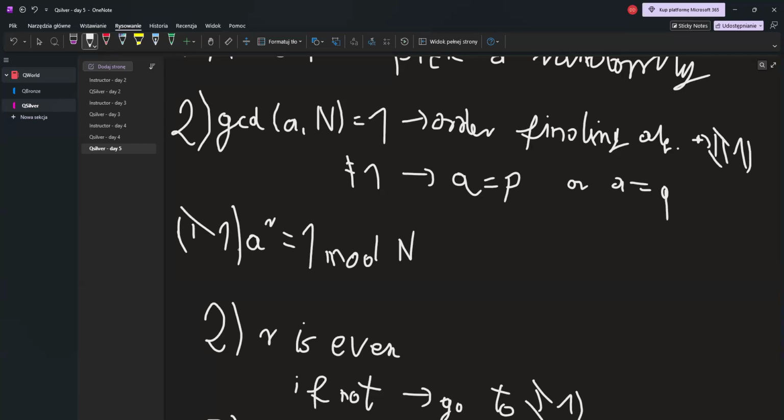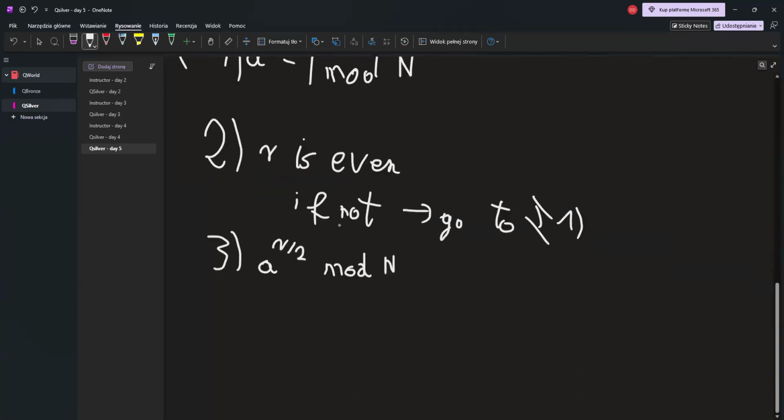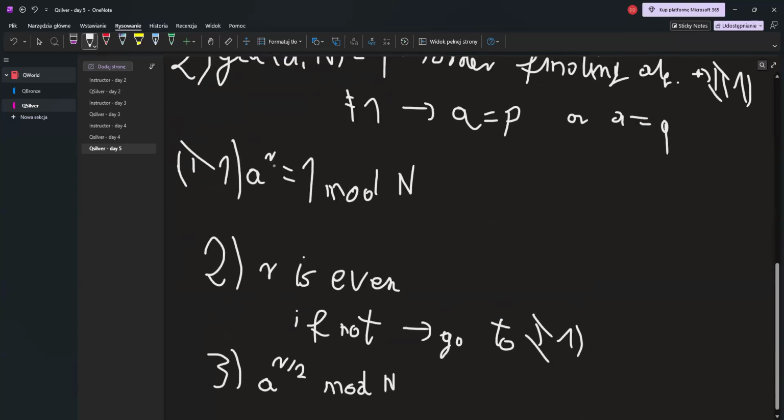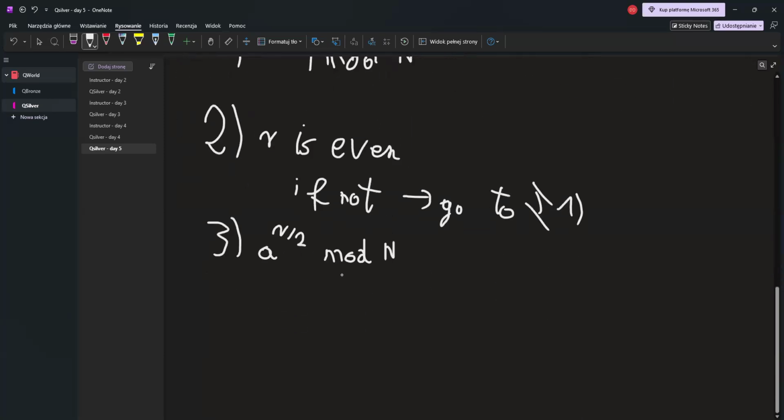So basically this step is all about using a quantum algorithm. Getting this R is the skill that we learned yesterday, and today I will show you more code on how to get it. The theory behind it we talked about yesterday. So we get R, and we know that it is even.